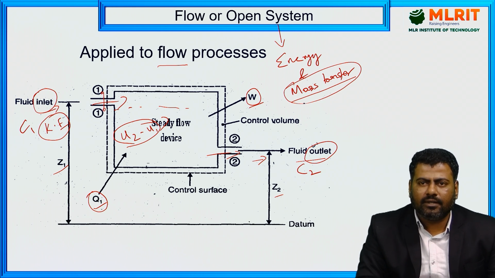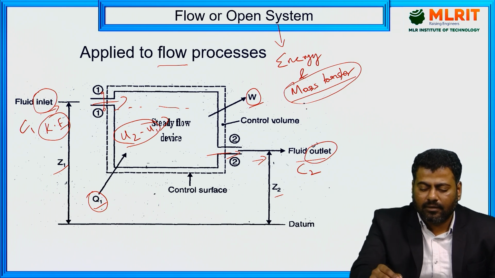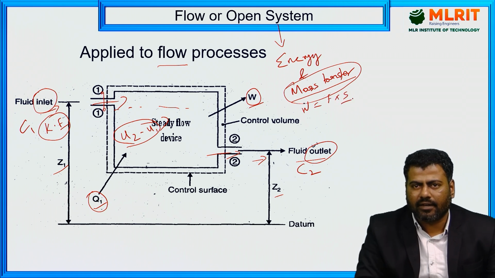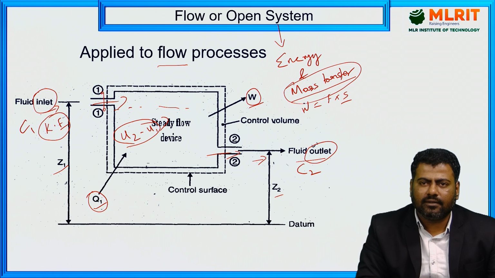One is flow work done, and another is displacement work done, which is wherever displacements occur. In simple terms, mechanical work done is force into perpendicular distance. Where this displacement exists, we can sense the displacement work done, or mechanical work done.